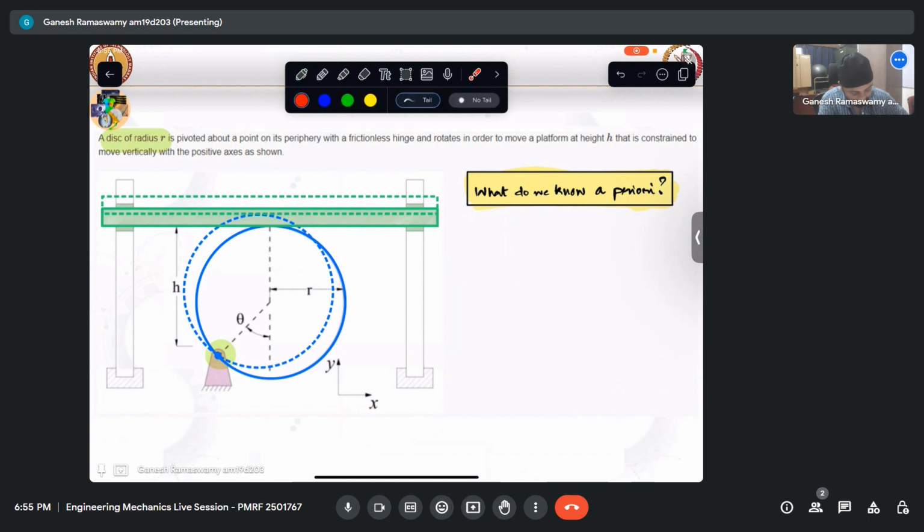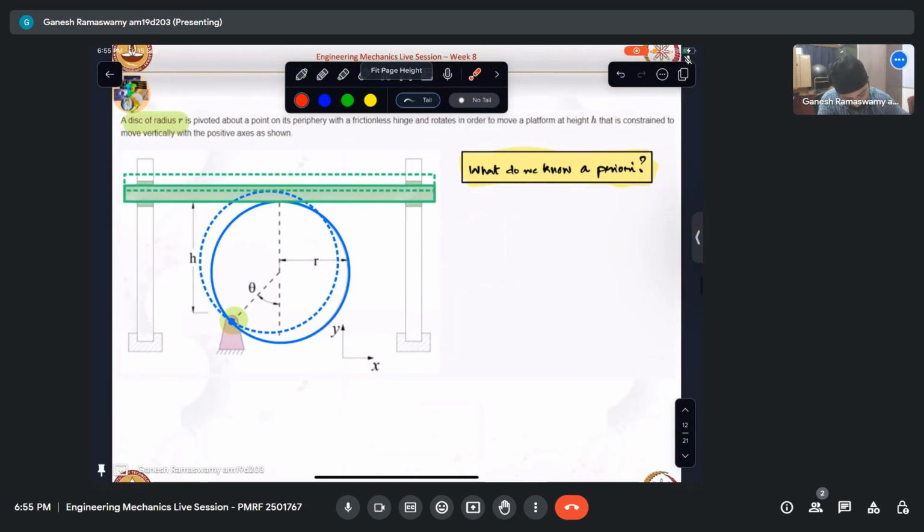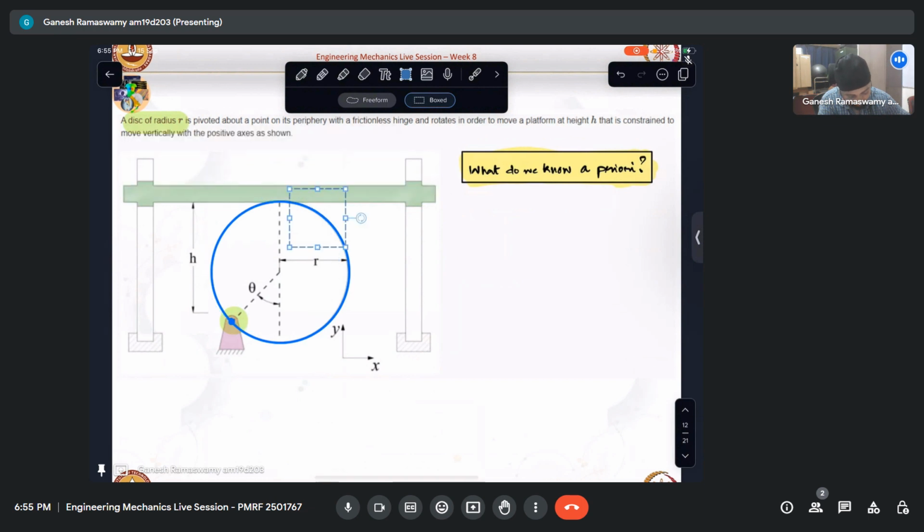Okay. So now if I were to remove these two, I can just delete it. So what is it that we know here from the analysis of the geometry? We know this is r, and this is given to be theta. So this distance, I know what it is.